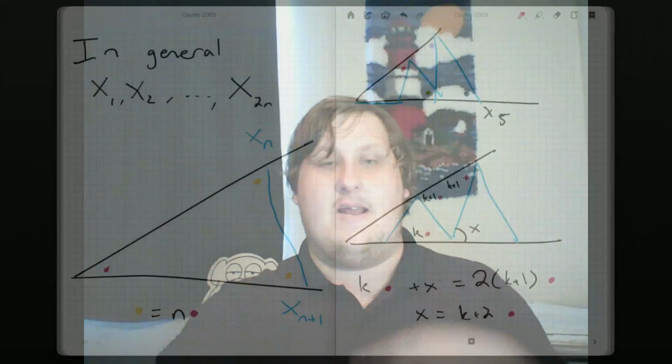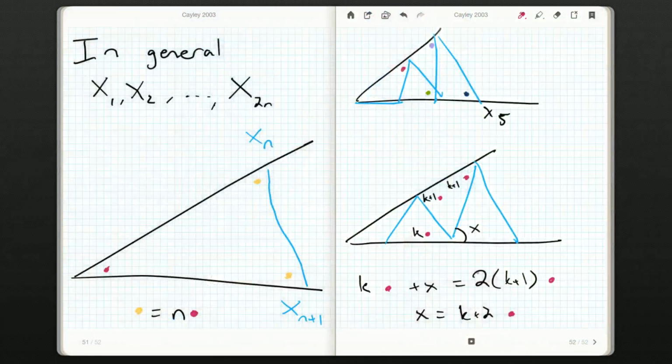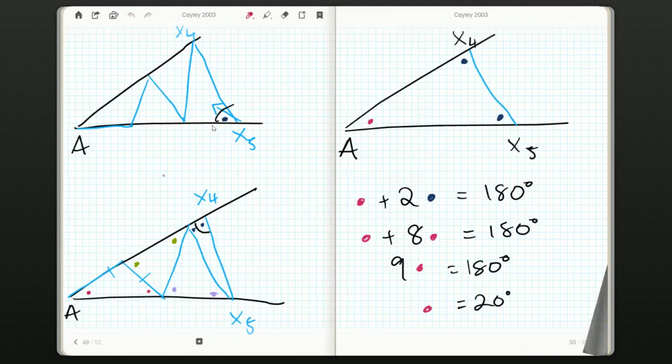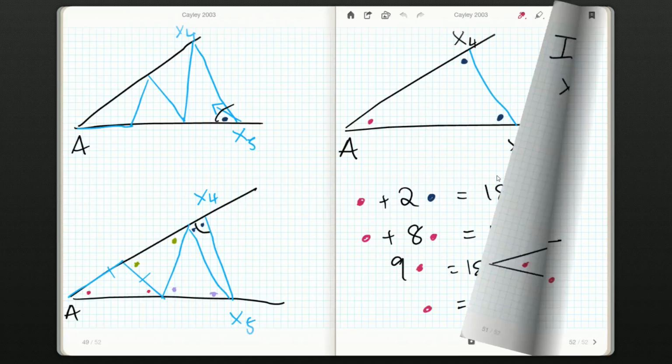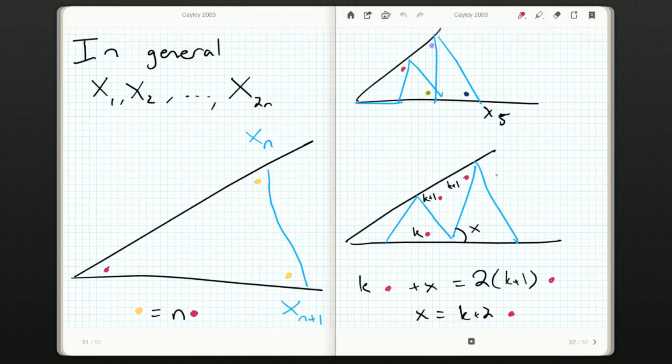And each yellow dot is n red dots. Okay? You get the yellow dot at xn plus 1 by just bouncing around the first way, just like we got the first dark blue dot. And then by symmetry, as we noted not a moment ago, we get another one of those angles, but it'll be up at xn this time. Okay?